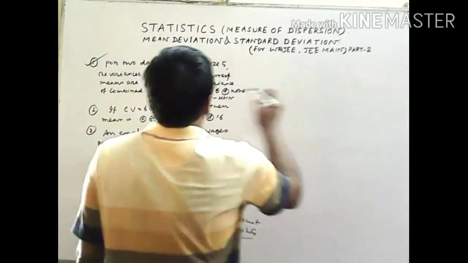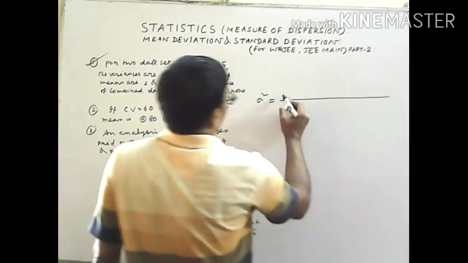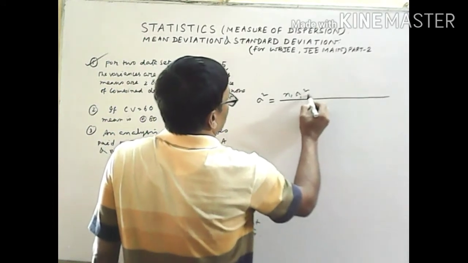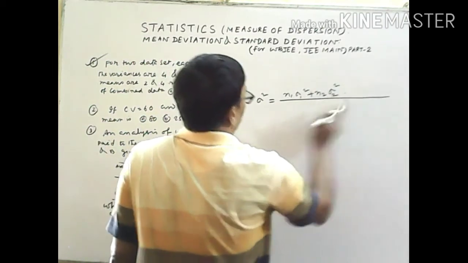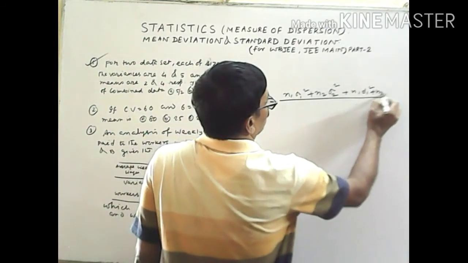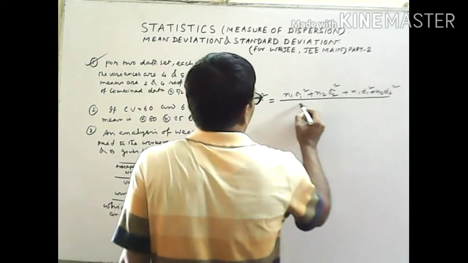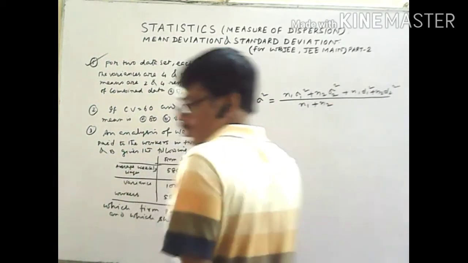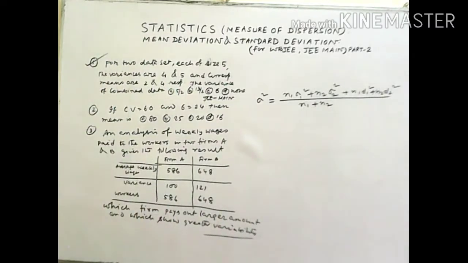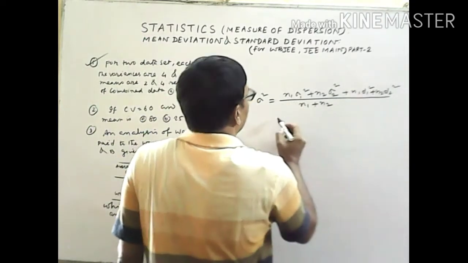There are two sets, so the variance of combined data, sigma square, equals (N1 sigma1 square plus N2 sigma2 square plus N1 D1 square plus N2 D2 square) by (N1 plus N2), where N is the number of observations.